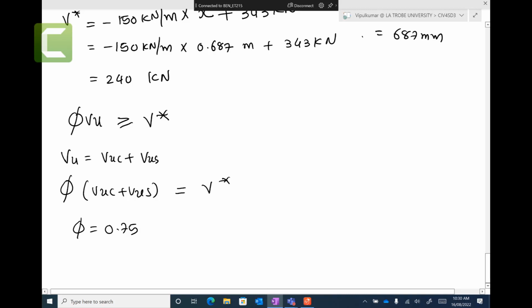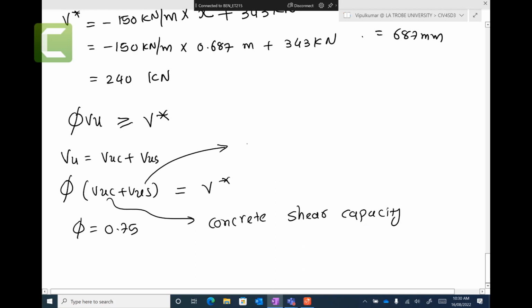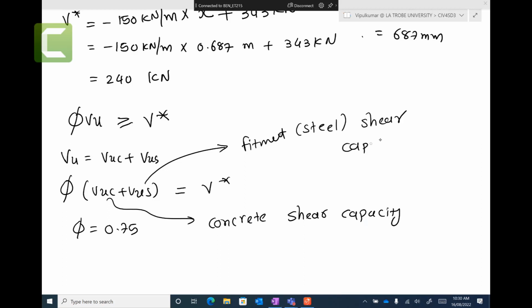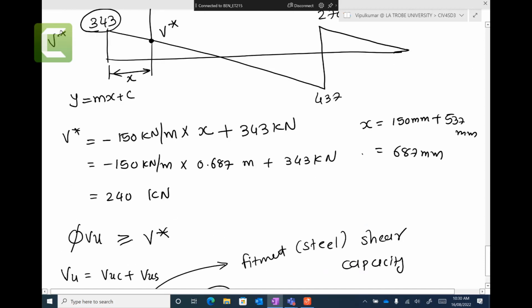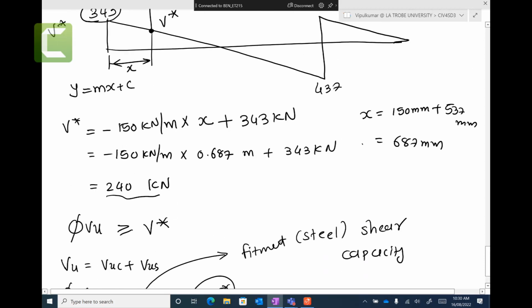The first one is your concrete shear capacity, and the second one is your fitment or stirrup capacity, the fitment or steel shear capacity, the things that you're going to provide. And V star we just calculated as 240.